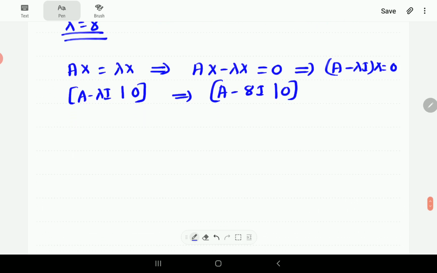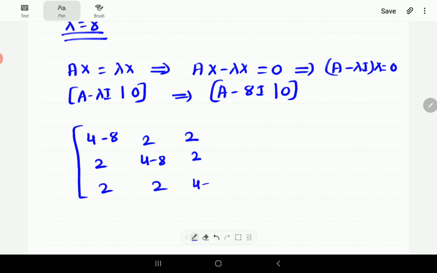So now let's write this. This is now 4 minus 8, 2, 2; 2, 4 minus 8, 2; 2, 2, 4 minus 8. We augment this with 0.